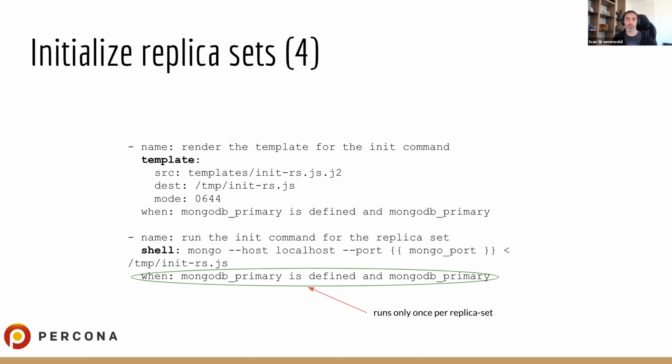And in this case, it will put it in the TMP directory, because we really don't need it for any other purpose than bootstrapping the replica set. And here is where the MongoDB primary tag that we defined earlier comes in handy, because it will help us to run the initiate command just once in the server that is defined like that.